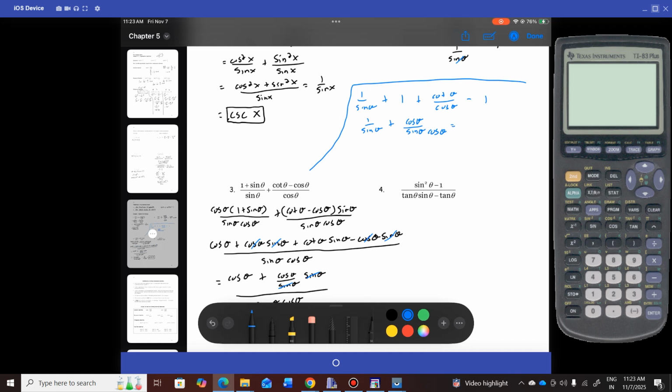We get 1 over sine theta plus 1 over sine theta equals 2 over sine theta, which equals 2 cosecant theta. So there's other ways you can go about it.